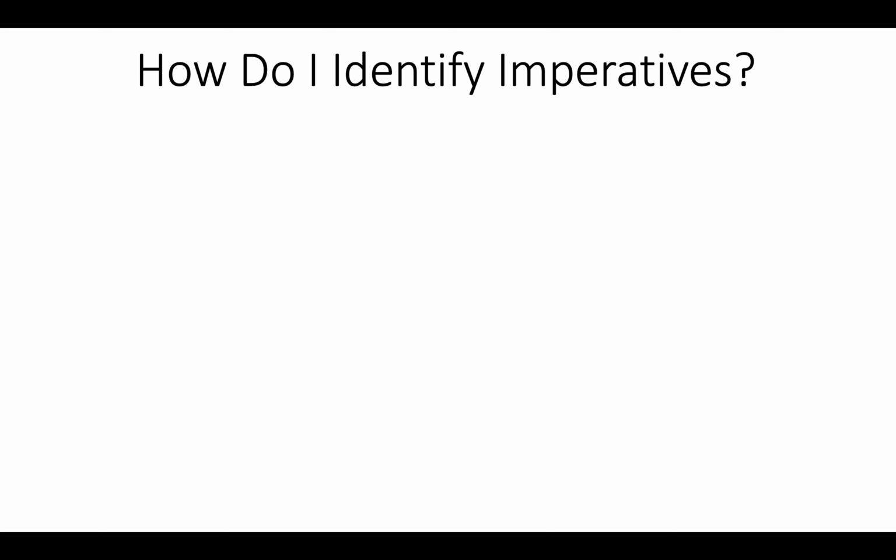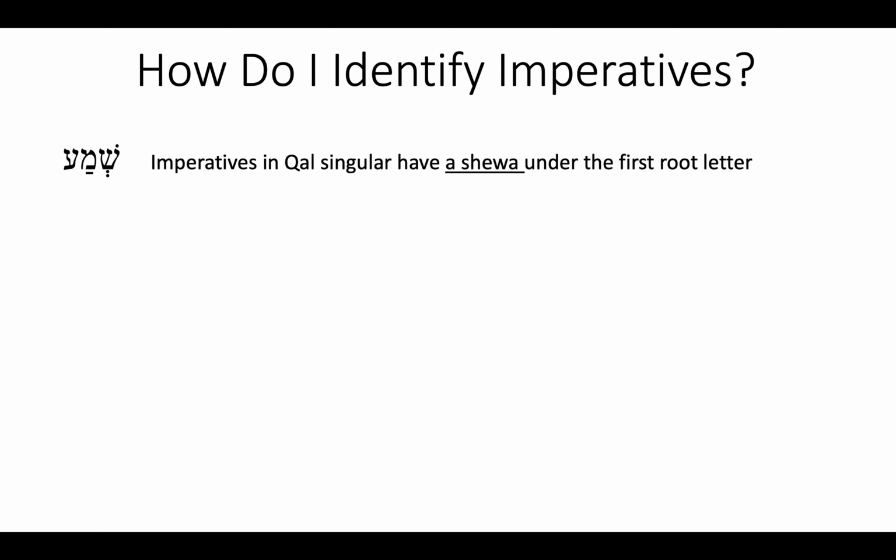And of course, our big question is, how do I identify imperatives? Because that's essentially what we're doing in our parsing exercise for the final. Imperatives in the qal, which of course are far and away the most common, have a schwa under the first root letter. If you think about our memorization verse, or our reading verse for our oral exam way back last quarter, that verse started Shema Yisrael.